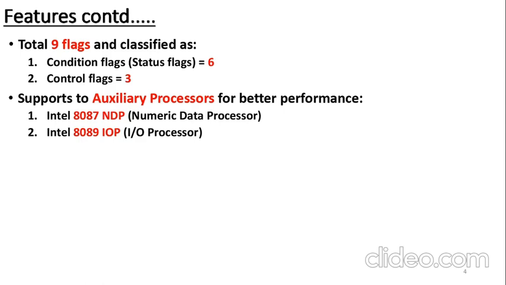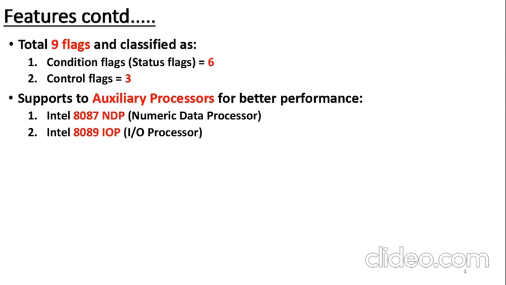No doubt that operation might have been performed by the 8086 processor as well, but at very low speed with very low performance. Then another auxiliary processor which can be connected is the 8089 IO processor, which can be used for IO data transfer operations.